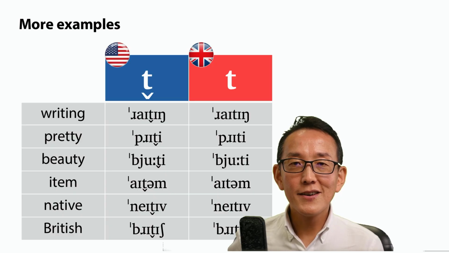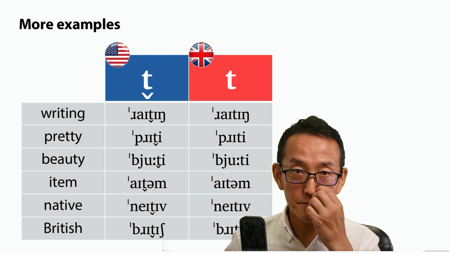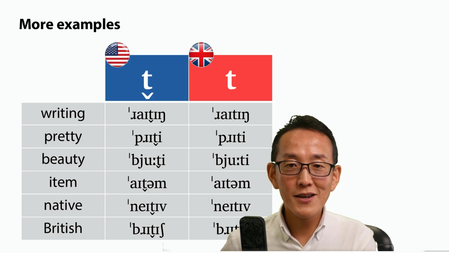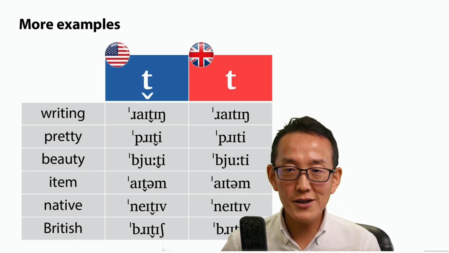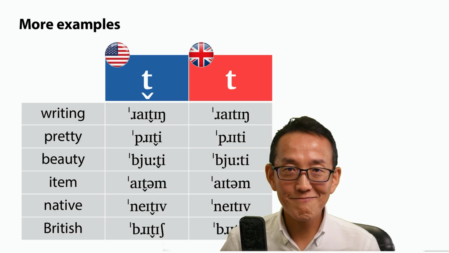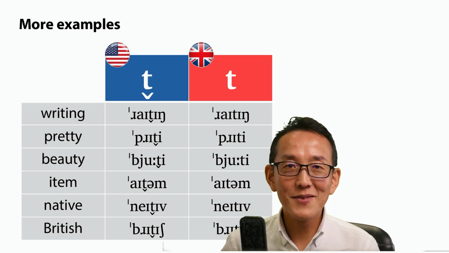Okay. Here are more examples. Writing, pretty, beauty, item, native, and even the word British doesn't really sound British if you say British. That's how Americans would say British people. British people say British people, something like that. Okay. All right.